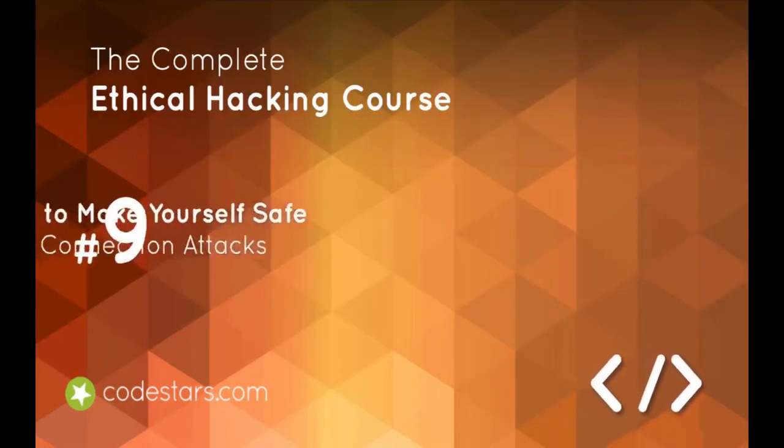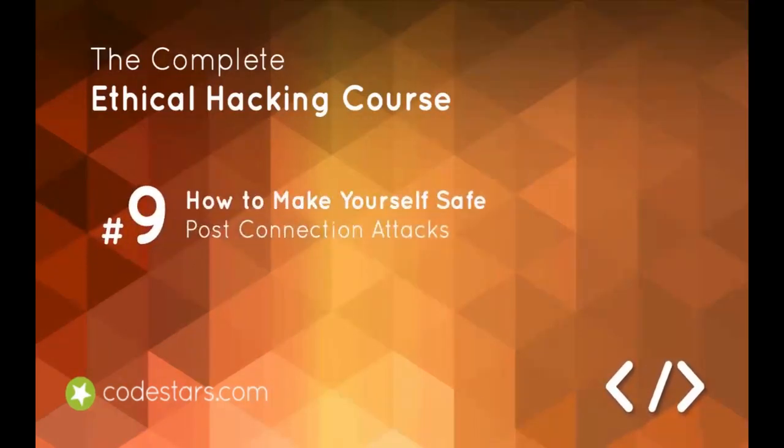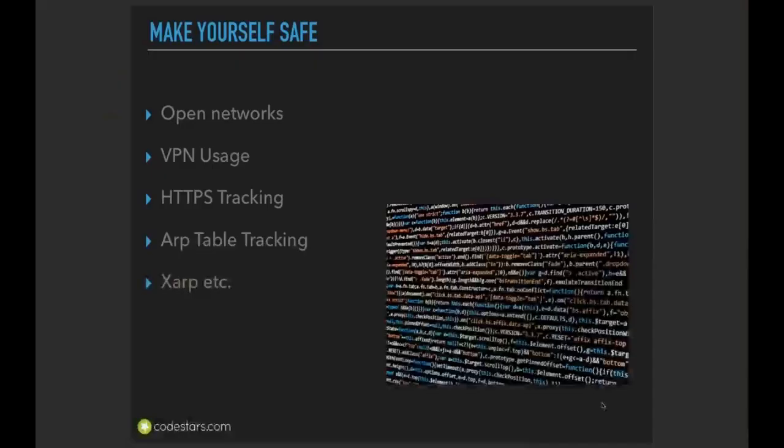Hi! Within this lecture, we're going to discuss how we can make ourselves safe against these man-in-the-middle attacks. Within this section, we have seen that hackers can easily steal our data when we are on the same network with them. So the first thing to do is to avoid any open networks.